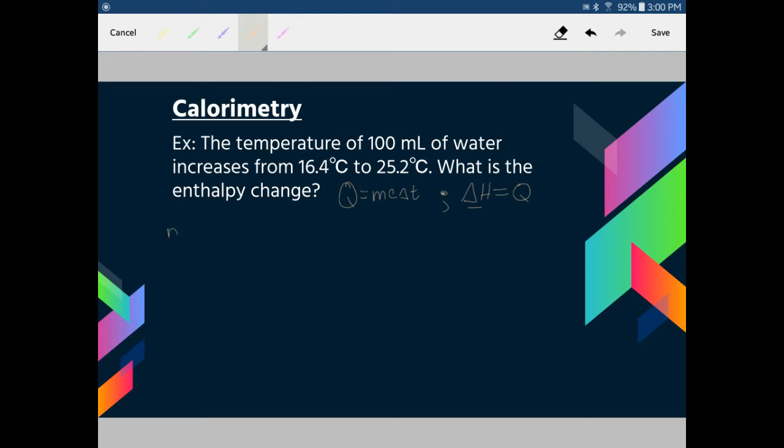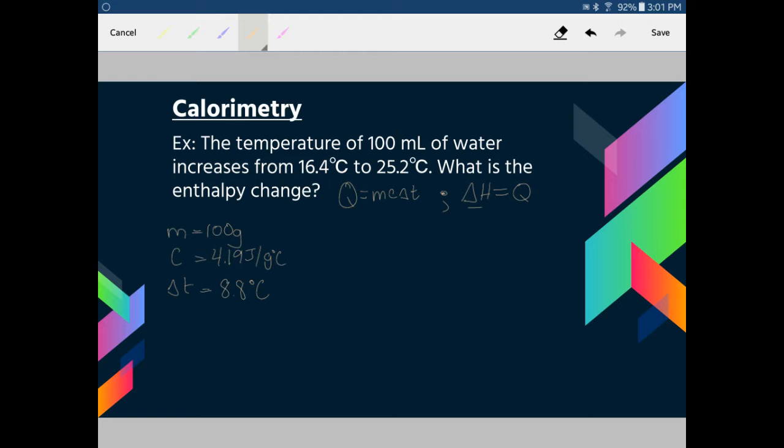So again, my mass of water is 100 milliliters or 100 grams. It increases in temperature from 16.4 degrees to 25.2 degrees, which is a change in temperature of 8.8 degrees Celsius. And our specific heat capacity is, again, 4.19 because we're dealing with water.